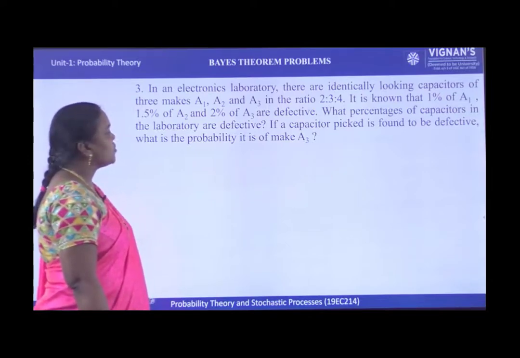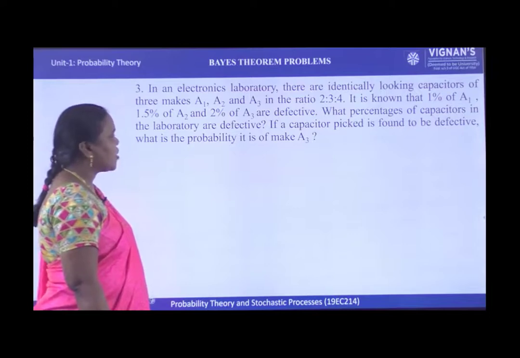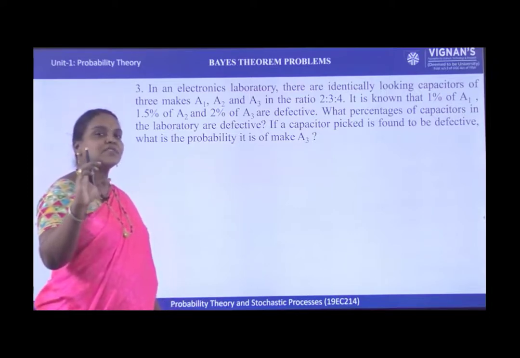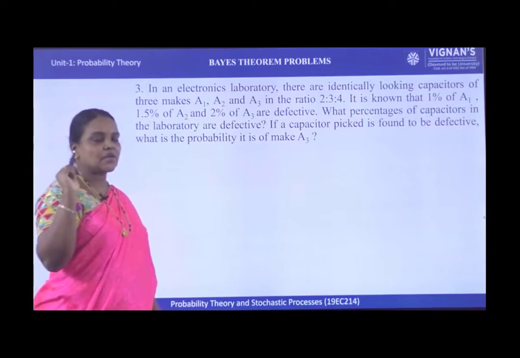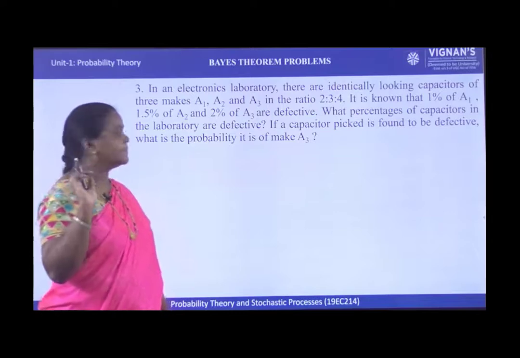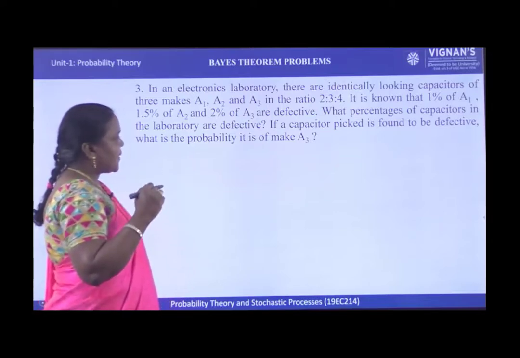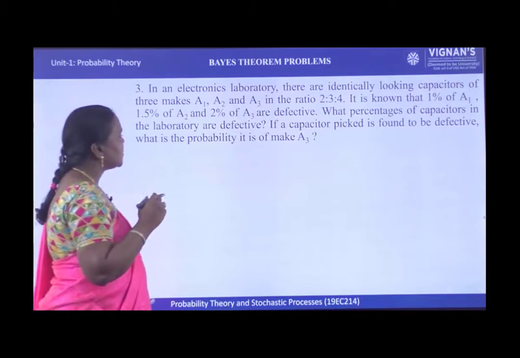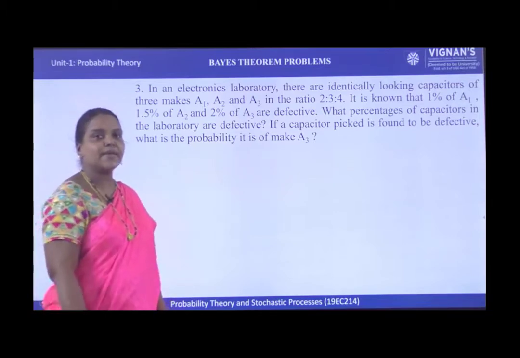What percentage of capacitors in the laboratory are defective? So total how much percentage of capacitors are defective means we have to apply the total probability theorem. If a capacitor picked is found to be defective, what is the probability it is of make A3?